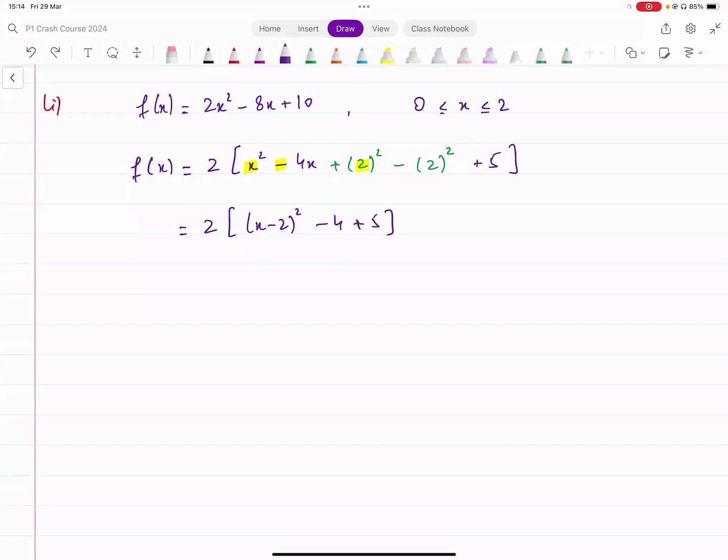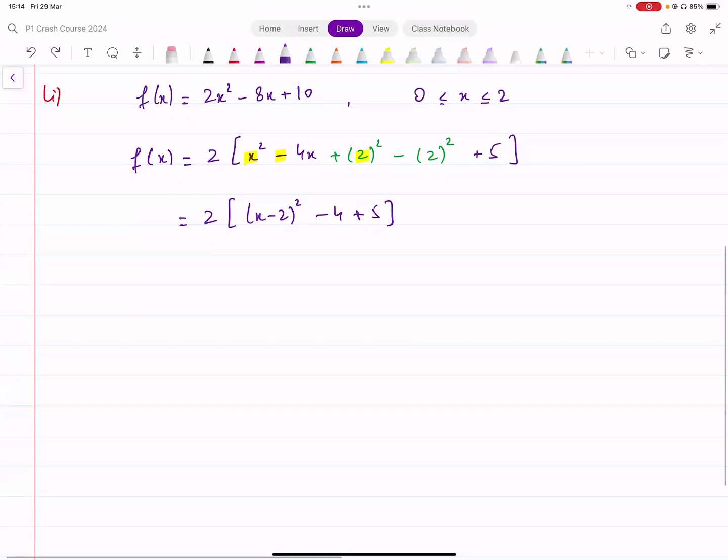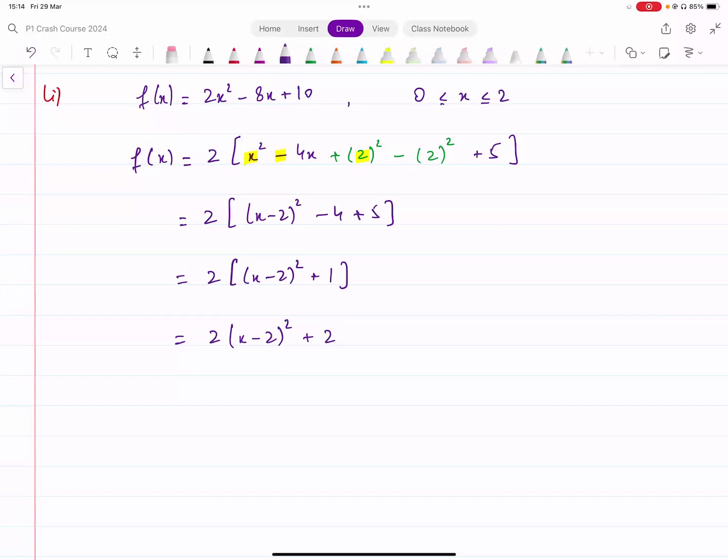That's going to get multiplied at the end with each of those terms inside. We have 2 into x minus 2 whole squared plus 1. Now you multiply that 2 outside inside the bracket. So it becomes 2 into x minus 2 whole squared plus 2. That is what the completed square form of this function turns out to be. 2 into x minus 2 whole squared plus 2.